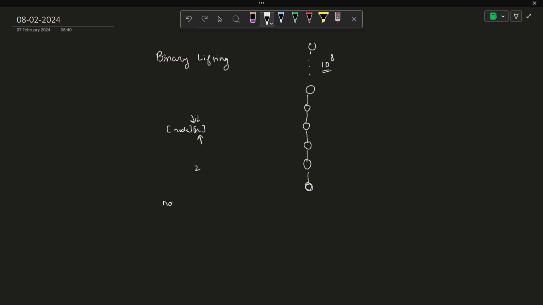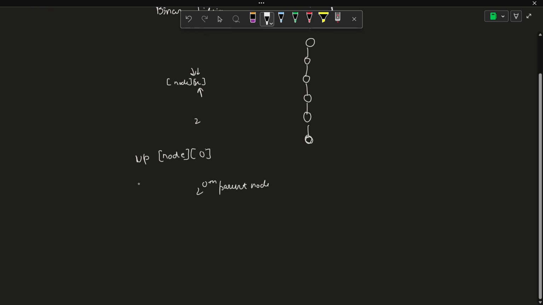So let's say we have a node, and I generally call this vector up. So up of node of 0 will store the 2 raised to power 0th parent of node, right? So this might feel a little bit jarring right now, but with time you will understand this.